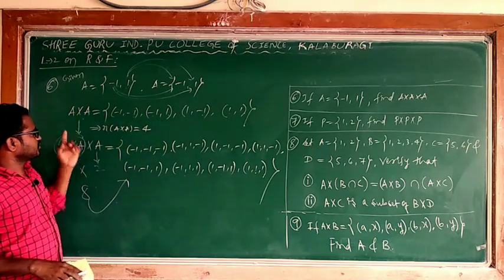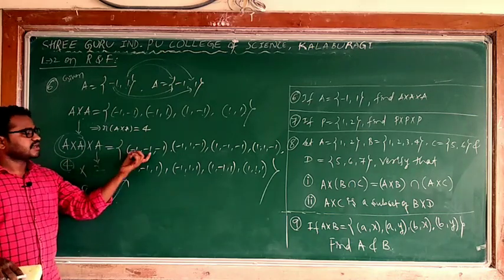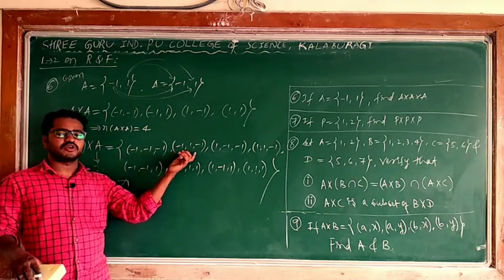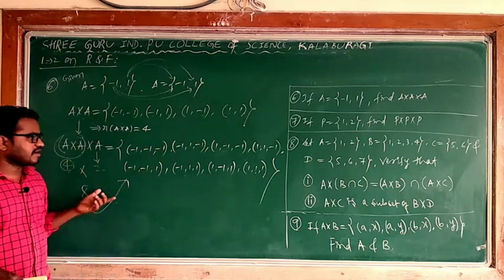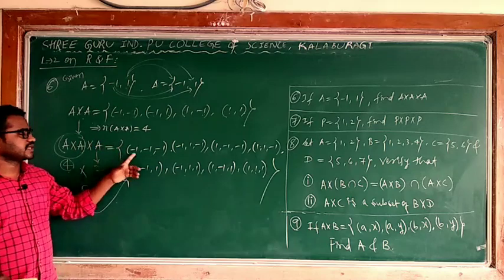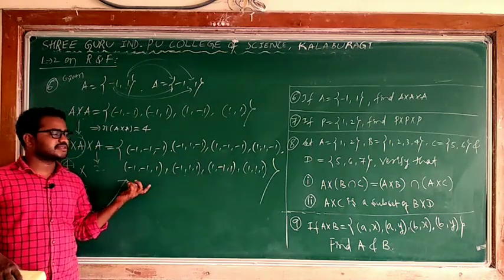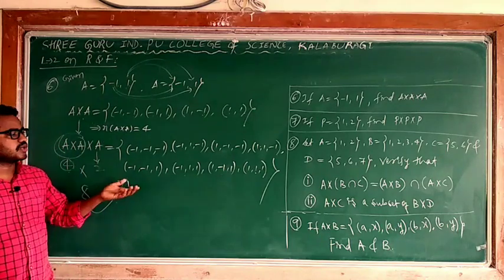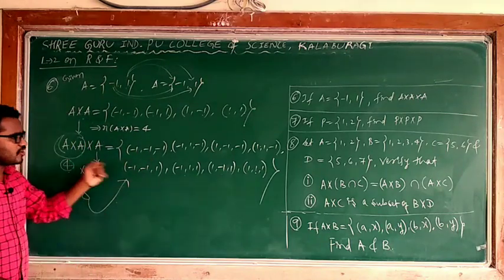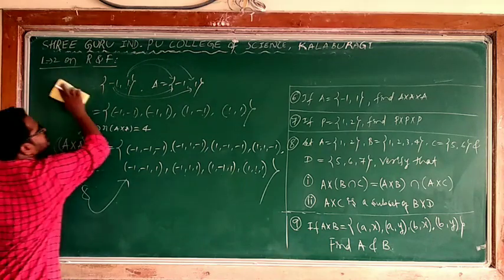Later on, if you want to find A cross A cross A, you are getting ordered triplets. Why are we saying ordered triplet? Instead of getting pair elements, we are getting 3 elements. So every bracket has 3 elements. We are saying in the note also that (a, b, c) is an ordered triplet. So I got this ordered triplet. Is it clear? Yes. Next one.